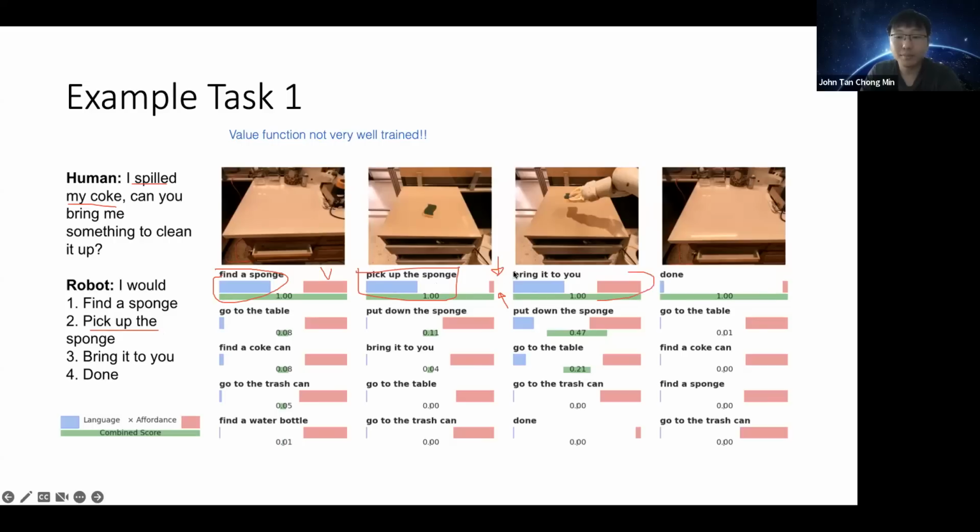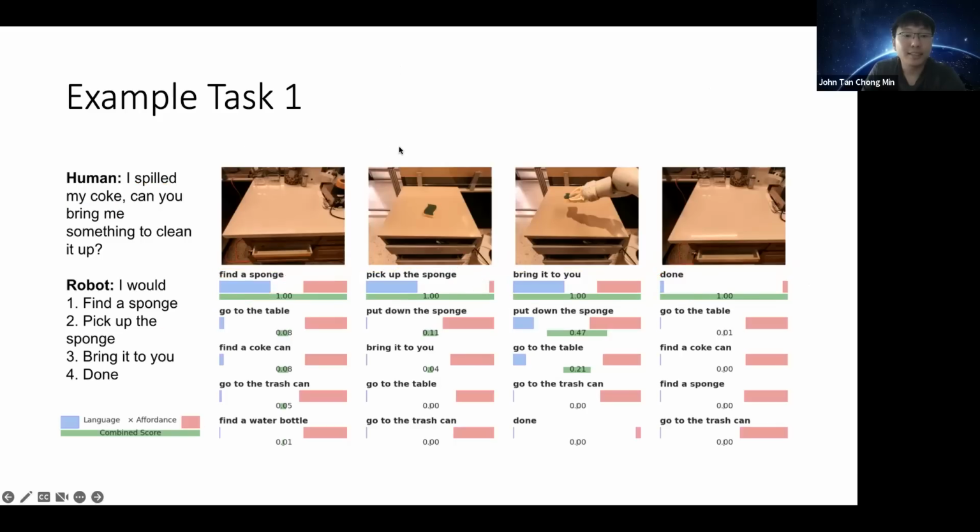Same thing for here, and then done. Yeah, so just from this example alone, the language model seems to be powering a lot of the decisions that need to be made. Because the affordance is not very high, especially for actions that would actually be feasible and go to the goal as well.